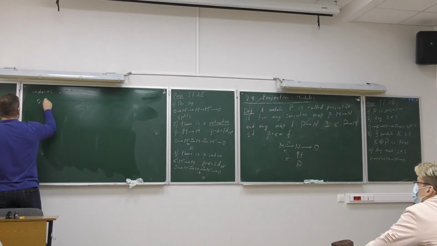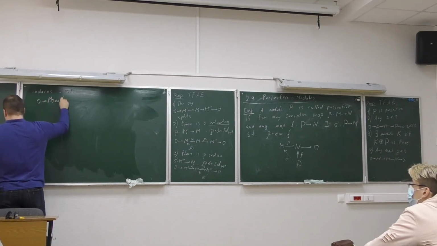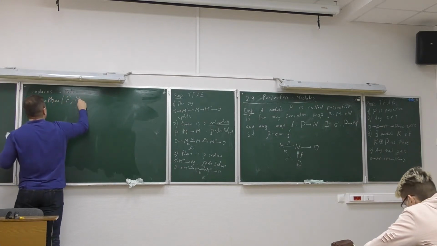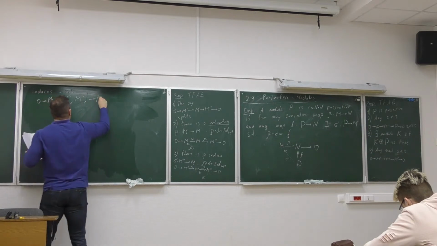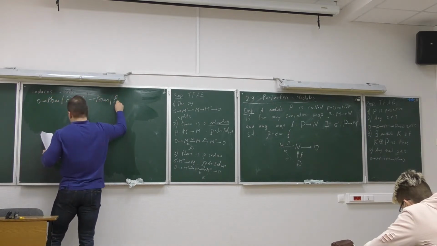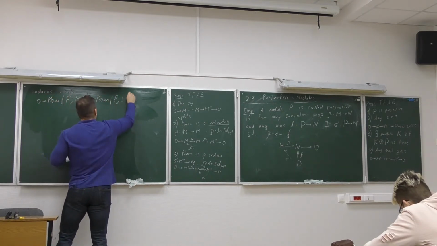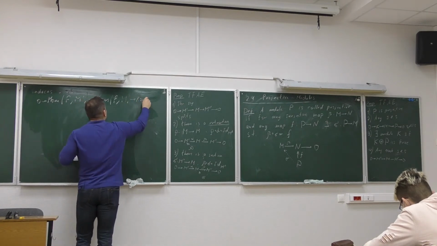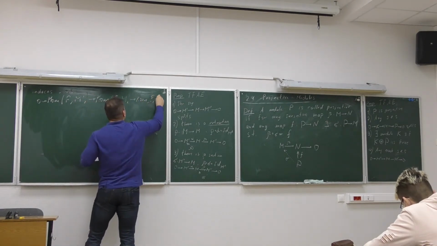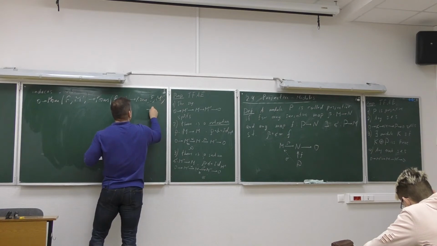So we have 0, Hom(P, M prime), Hom(P, M), and Hom(P, M double prime), and then again 0.